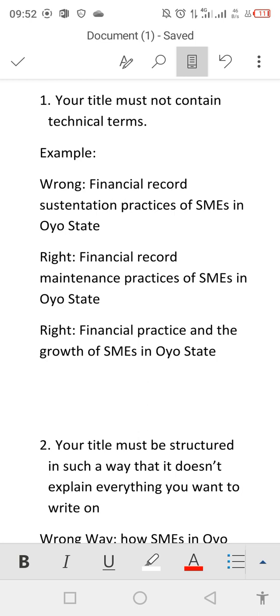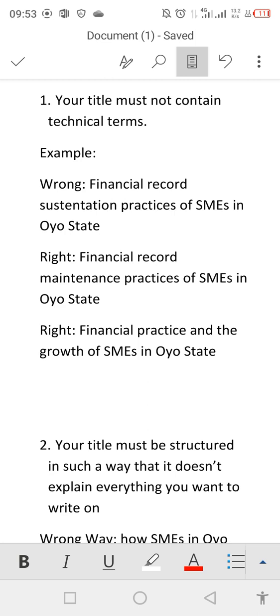How do you structure them together in such a way that it is appealing to them? So whenever your readers or your project's supervisor pick up your research title, it must not contain technical terms in such a way that it will start giving them a headache. And they will start thinking, what are you trying to say? Okay, let me share the dictionary before I get to know what you're trying to say.